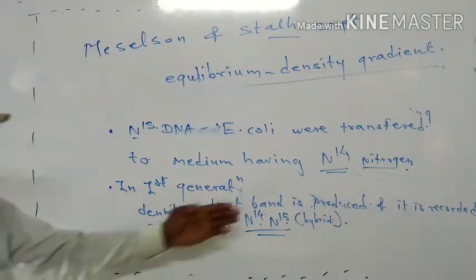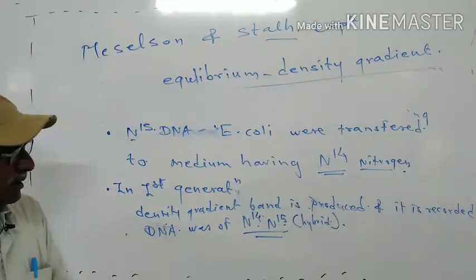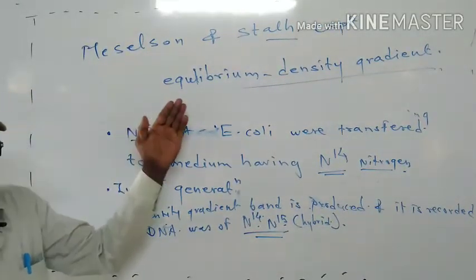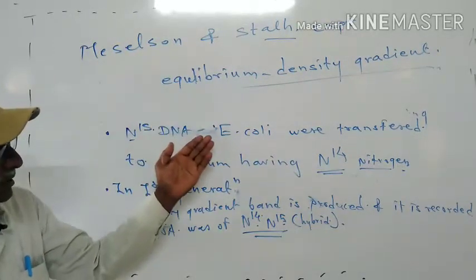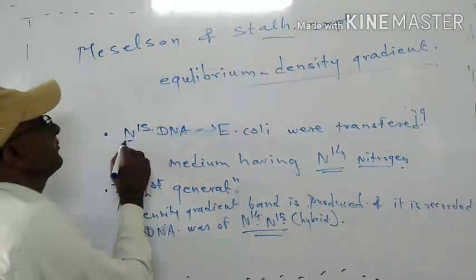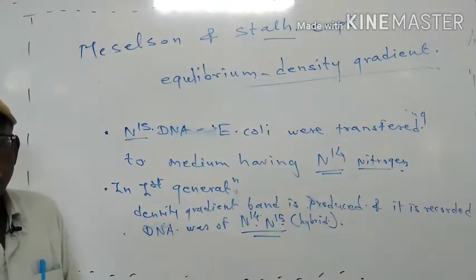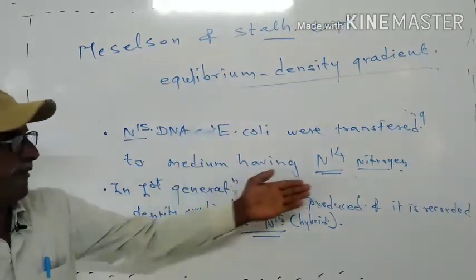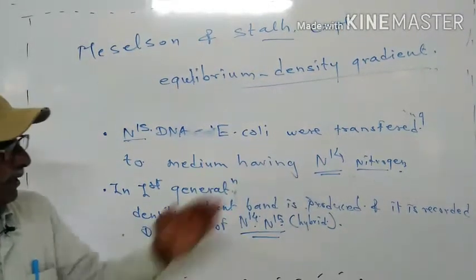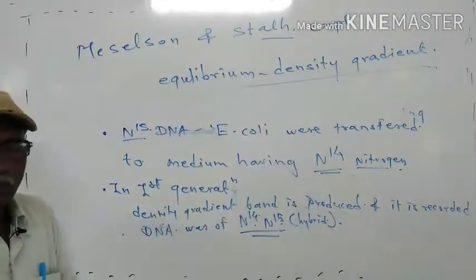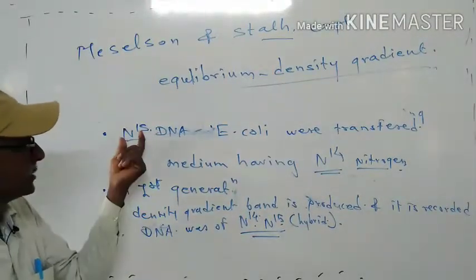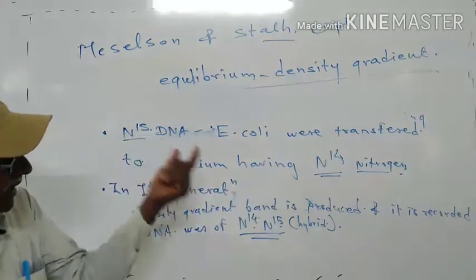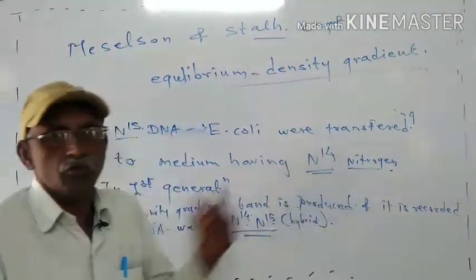Now if you see, we have transferred N15 E. coli in the medium having N14, and when the daughter DNA was obtained, it contains one strand of N15 and one strand of N14.